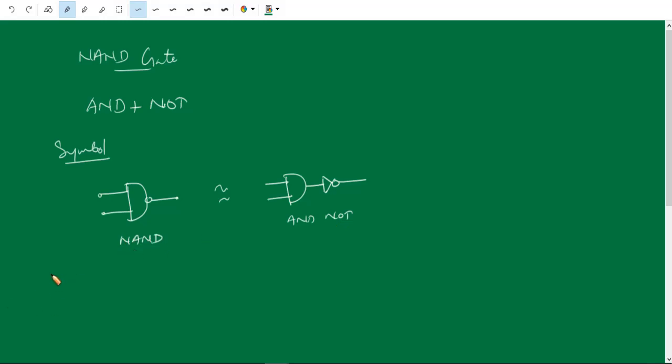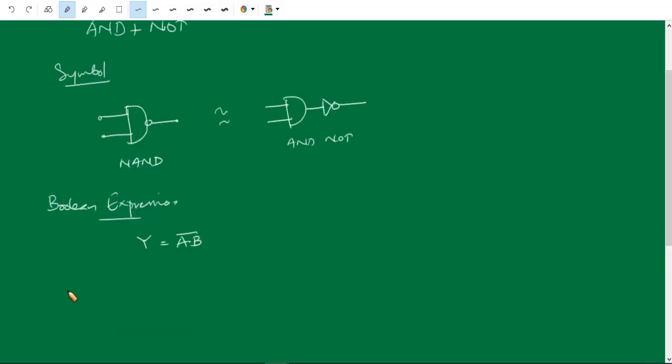Now the Boolean expression of the NAND gate is the output Y equals A and B complement. The construction of a NAND gate using diodes and a transistor.